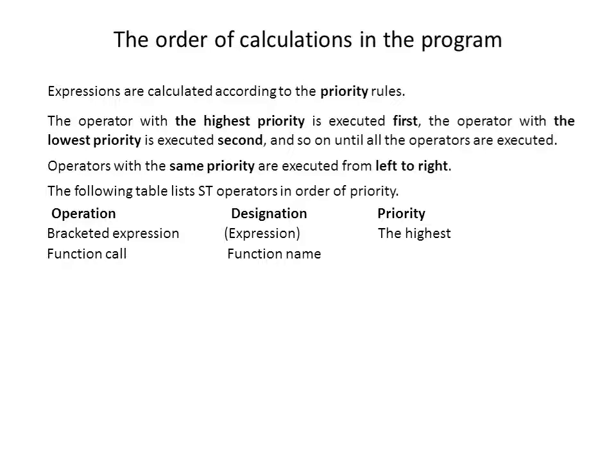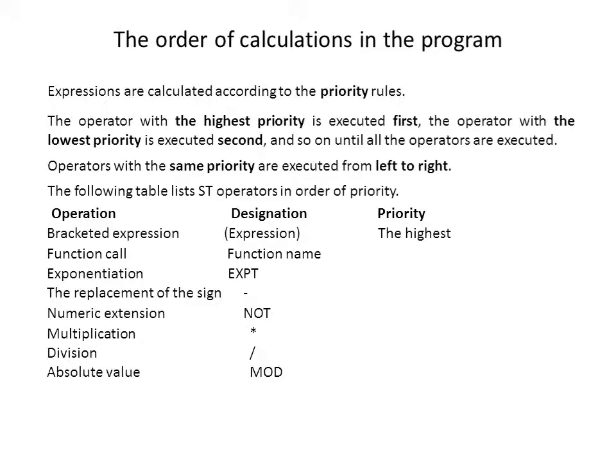If we call some function or function block, it will be executed second, after the expression in brackets. Exponentiation has the third priority. Then the negation of the sign or numeric extension will be calculated.